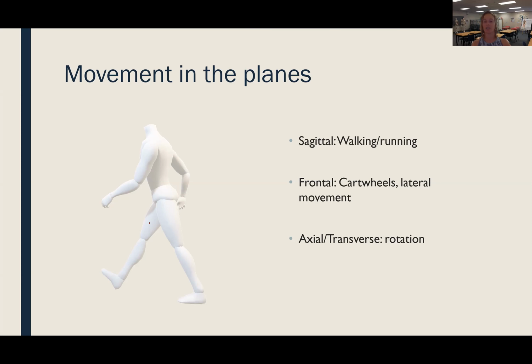So first, and for this one, let's not do too many cartwheels, okay? And it's gonna give it away, but we're gonna do frontal plane, okay? So I wanna see a frontal plane movement. So yes, lateral lunges, good. What about sagittal plane? So remember, that's forward and backward type of movement.